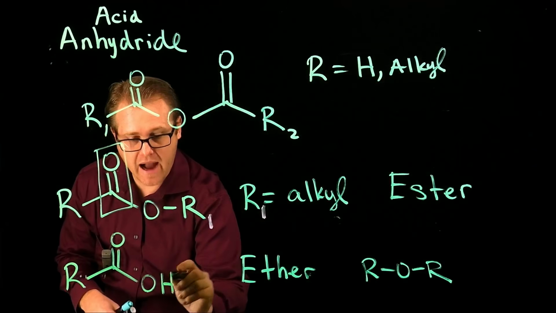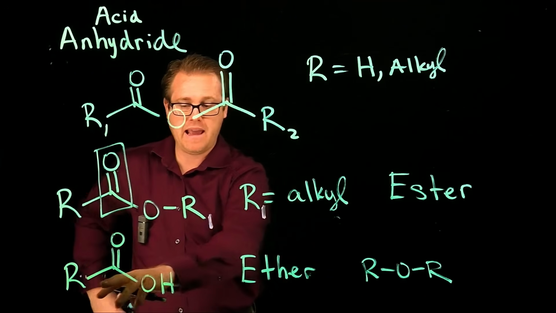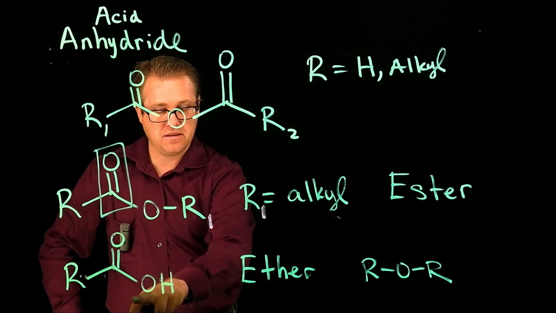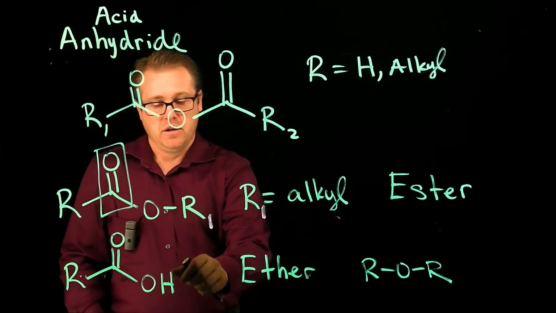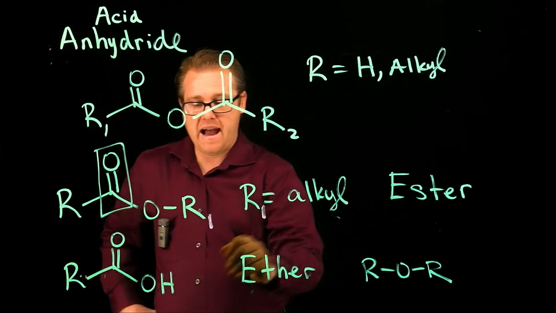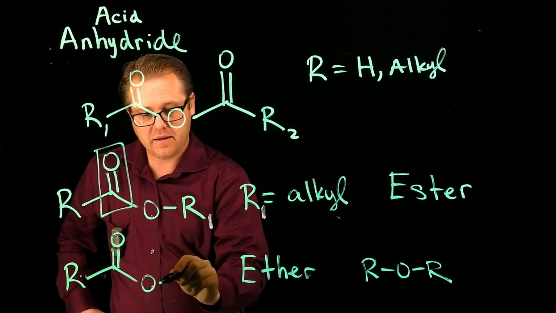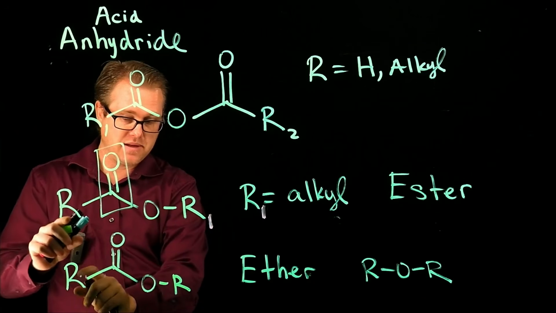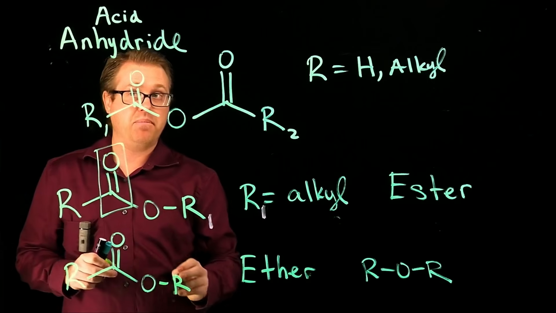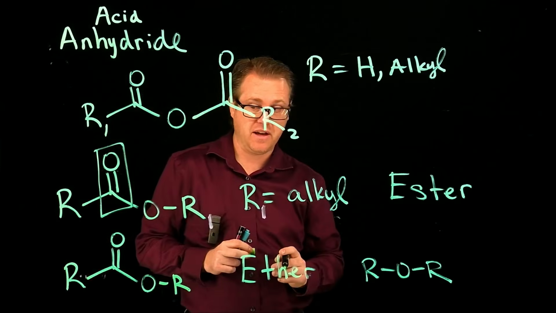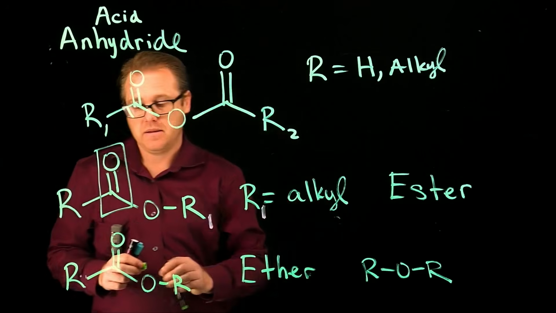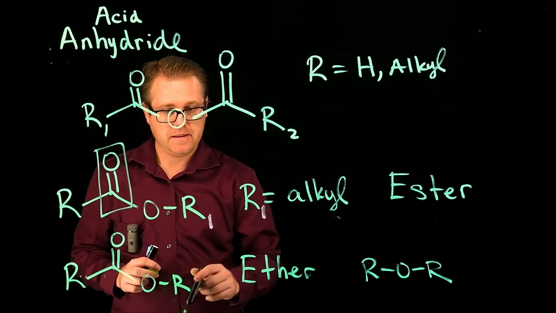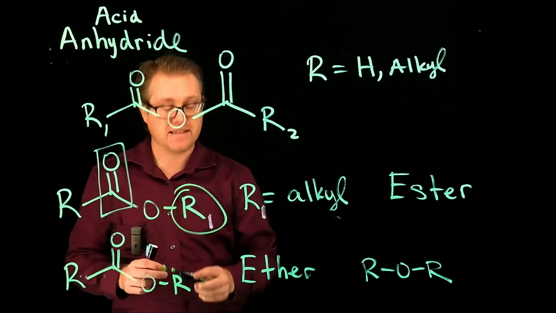If I put a hydrogen in for R1, what do I get? It's no longer an ester. It is a carboxylic acid. So that is why R1 has to be alkyl. But this R group here on the left side can be a hydrogen if you'd like. But typically you'll see them as alkyl groups. But this one for sure has to be alkyl.